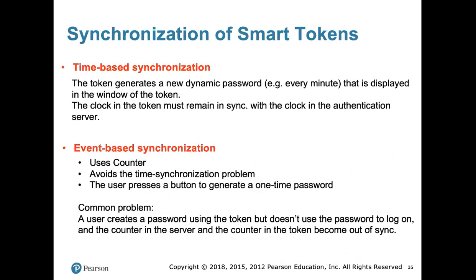Okay, let's get back to the problem I mentioned. I said that in password generation based authentication in smart tokens, one issue is synchronization. And I've opened the problem. For example, let's say this is a smart card and this is a server, and you want to get authenticated.